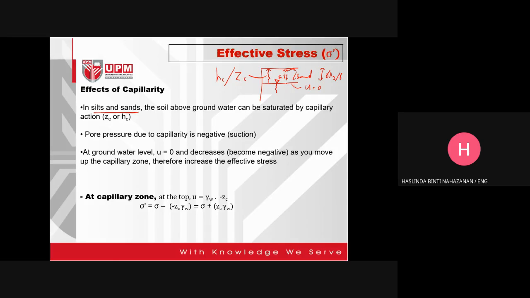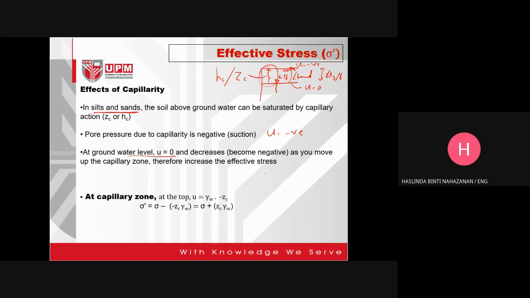But with capillarity, for instance here, you will have U which is a negative value due to suction, because the suction causes the water to saturate this area. So at the water level U is 0 and becomes negative as you move up the capillary zone.